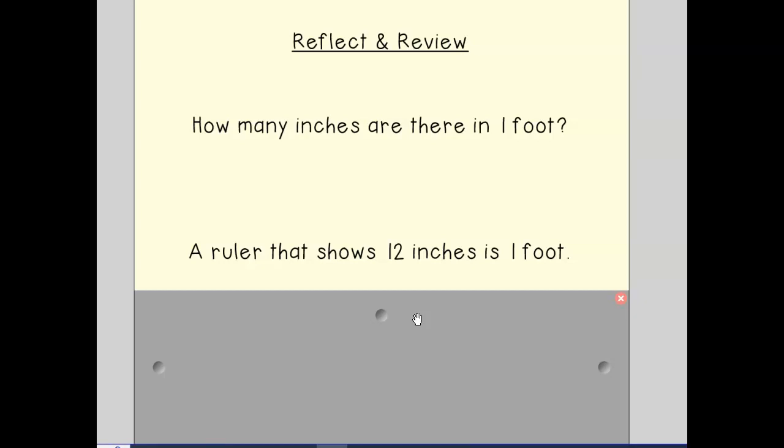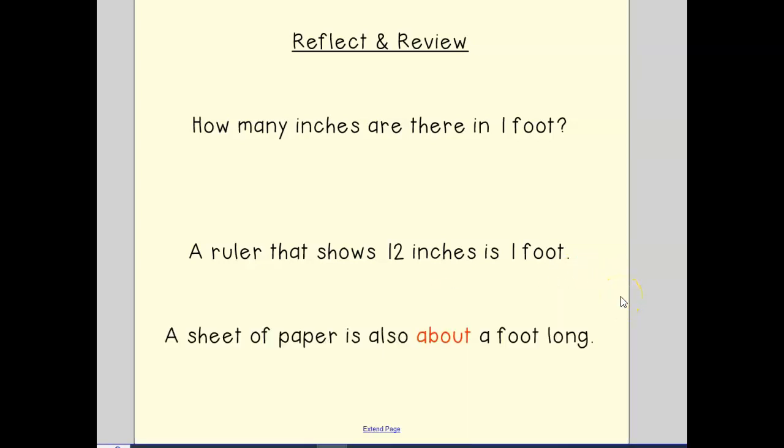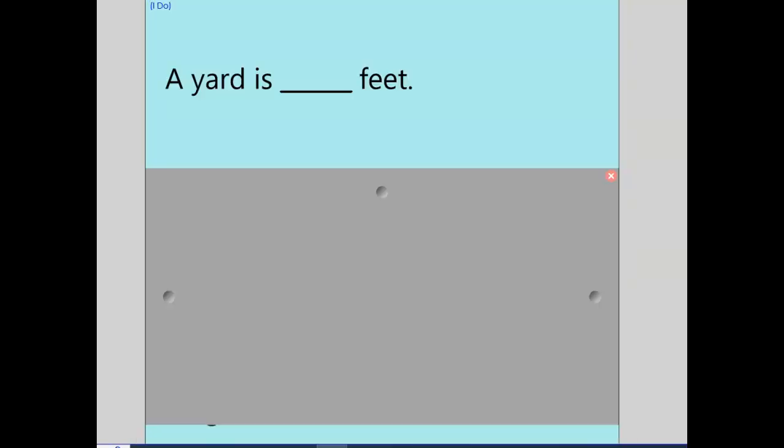Therefore, 1 foot is 12 inches long. The long side of a sheet of paper is not exact, but it's approximately 1 foot long, which means it's about 12 inches long. So a paper clip is 1 inch, and the long side of a sheet of paper is about 12 inches or 1 foot.